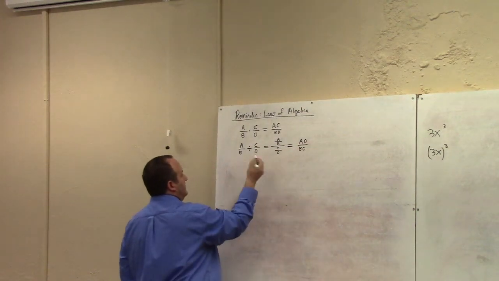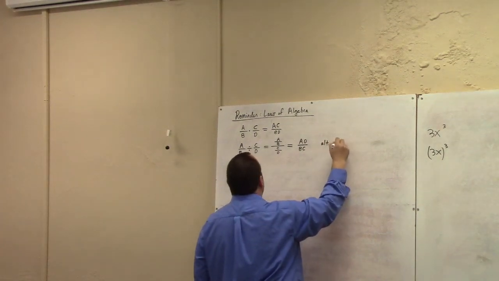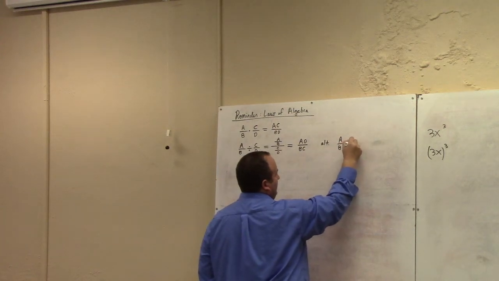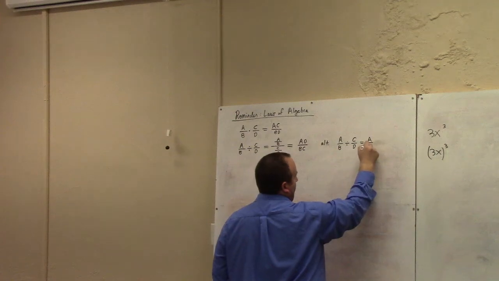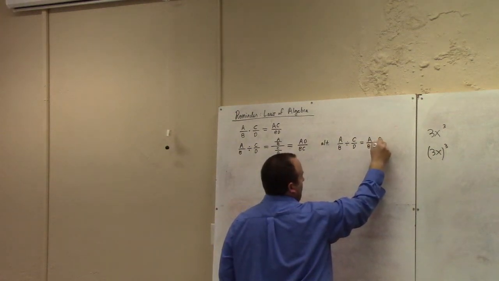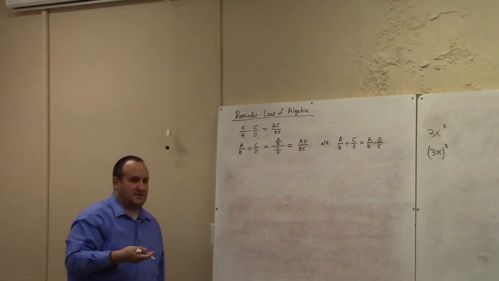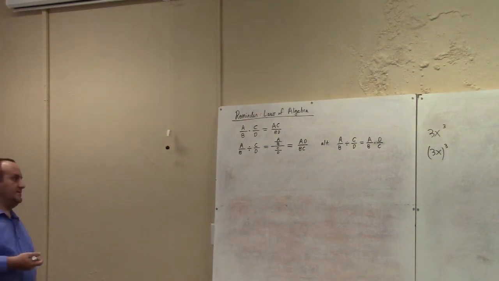Alternatively, you could do this. A over B divided by C over D is what? It's A over B times D over C, right? So we can convert division to multiplication by the reciprocal. Okay, this is an important idea.